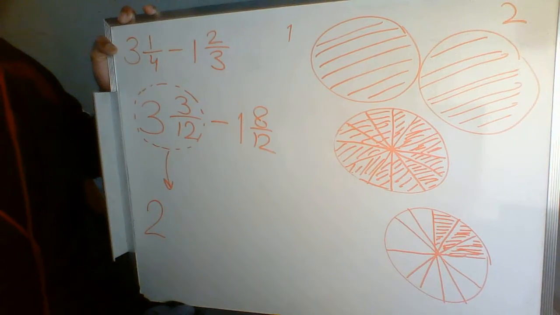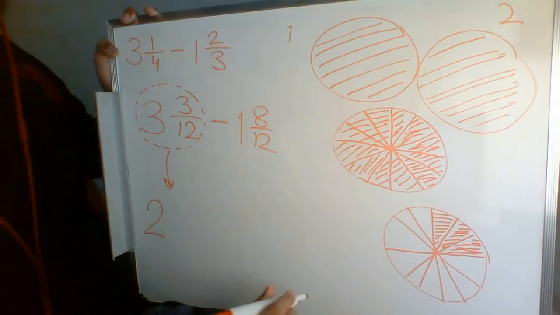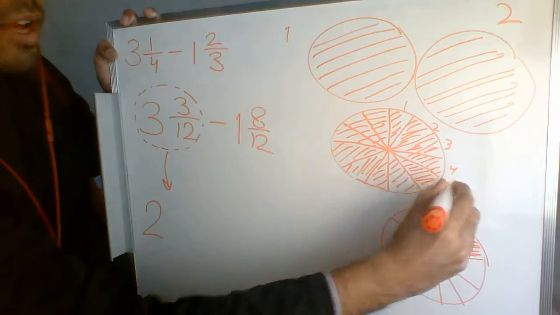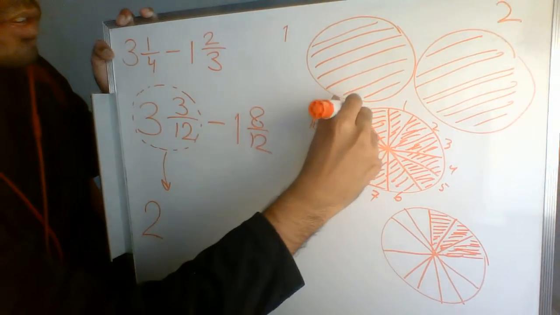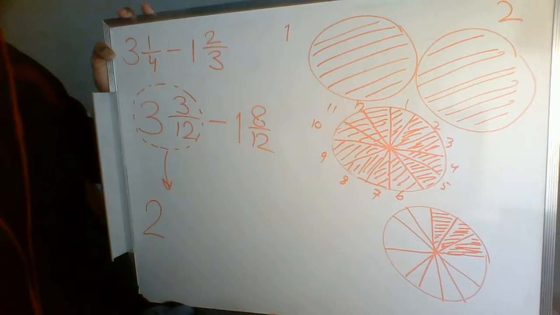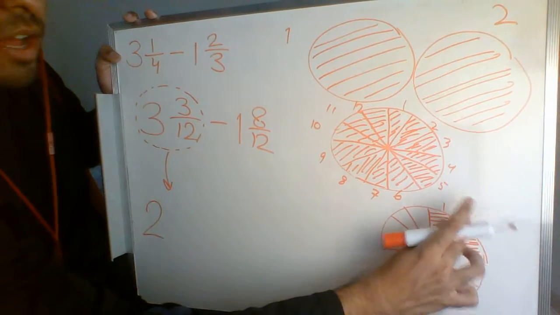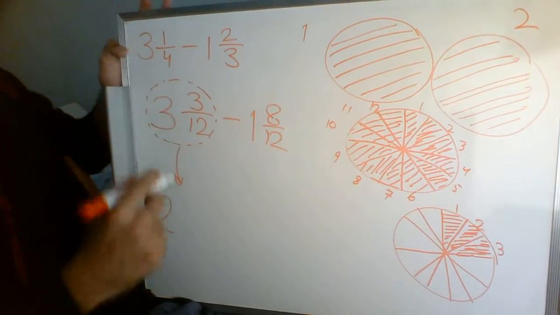We've got 2 whole pizzas, and then in this third pizza we still have the entire pizza. We cut it into 12 slices, which means we have 1, 2, 3, 4, 5, 6, 7, 8, 9, 10, 11, 12 slices. We still have all 12 slices, plus we have the 3 that we had from earlier. We still had those 3/12 from before.